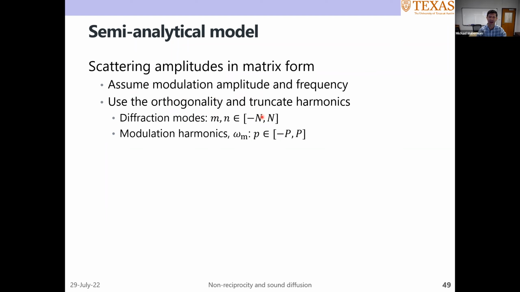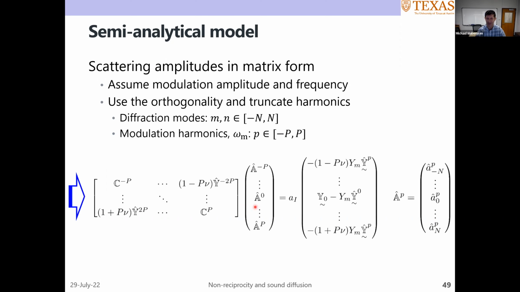Then we truncate the diffracted orders, diffraction modes and modulation harmonics in order to have a finite set. We assume a certain set of modes and harmonics, then check and increase a little bit, like a convergence or mesh refinement study, but to make sure all of your energy is accounted for.